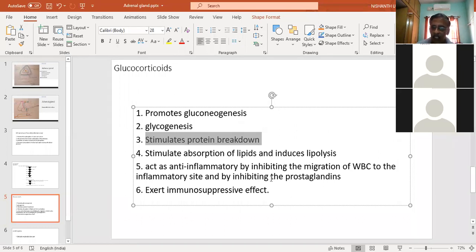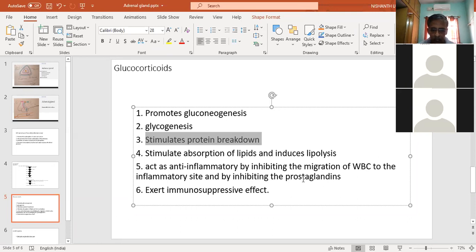Then it acts as an anti-inflammatory by inhibiting the migration of WBC to the inflammatory site and by inhibiting prostaglandin. So this is a very simple concept, but it is more complicated to understand. For example, when there is pain, when there is an injury, then automatically the site of injury will produce prostaglandin, which causes the pain.